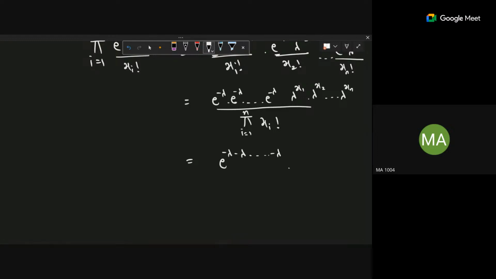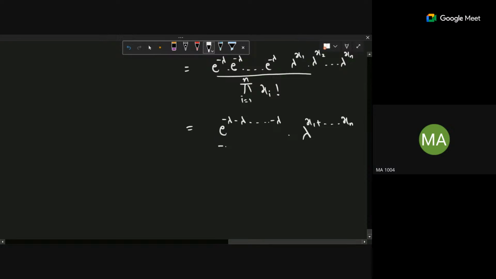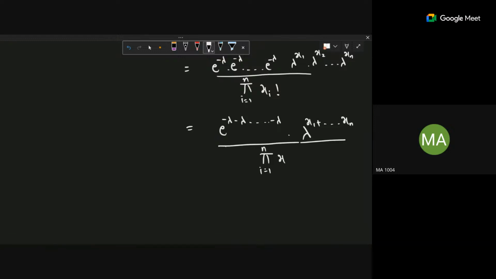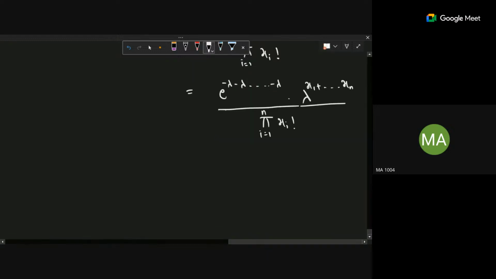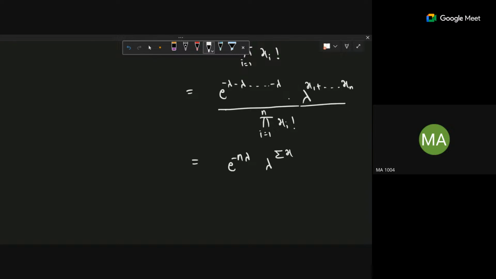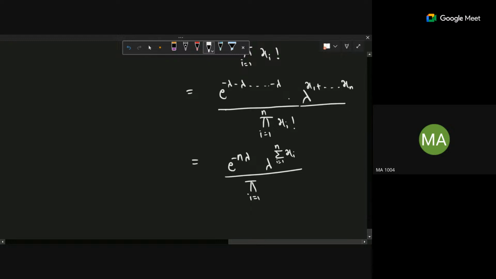N times. Again, lambda is the common base, x1 till xn, upon this constant part, which we will leave, the product 1 to n xi factorial. So that is nothing but e power minus n lambda, lambda raised to the power summation of all the xi's, i from 1 to n. Okay, did you get it now?